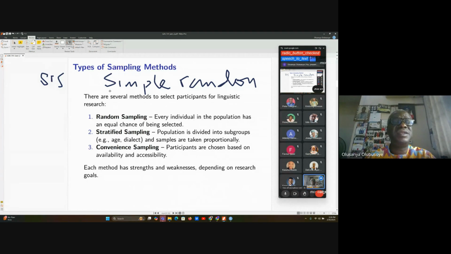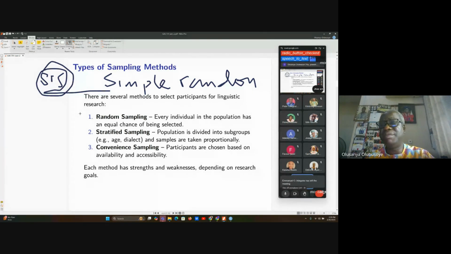This is a probability sampling method, but it's often shortened as random sampling. This is one technique which ensures that every individual in the population is given equal chance of being selected.